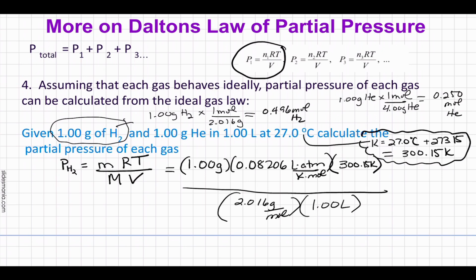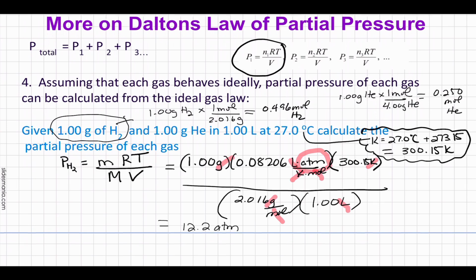So again, I can see my grams cancel, my moles cancel, liters cancel, and Kelvin cancel. So I'm left with atmospheres. And then when I do this calculation, I get 12.2 atm.